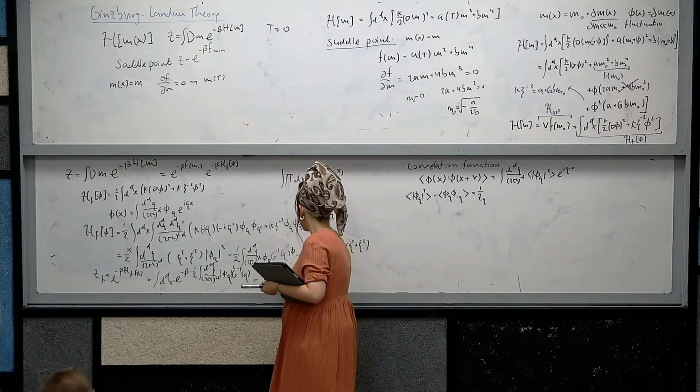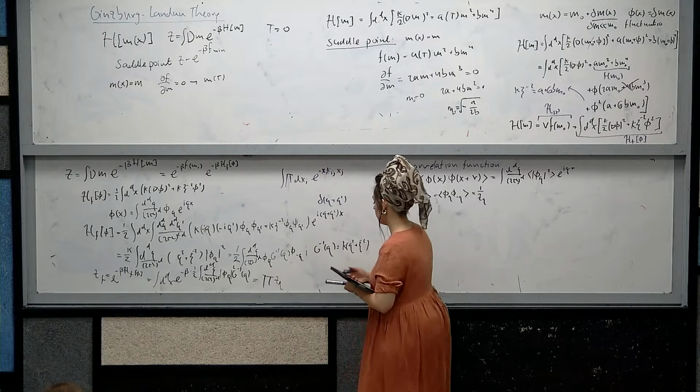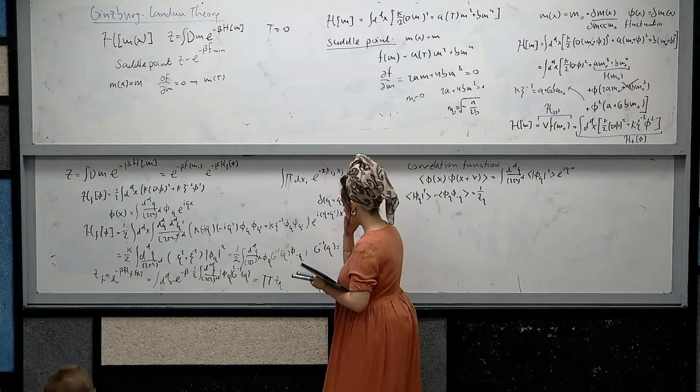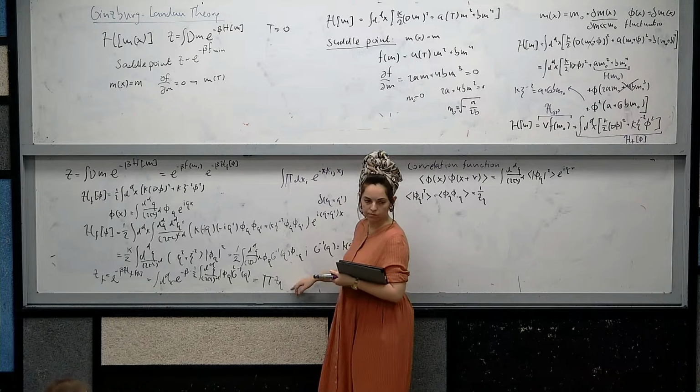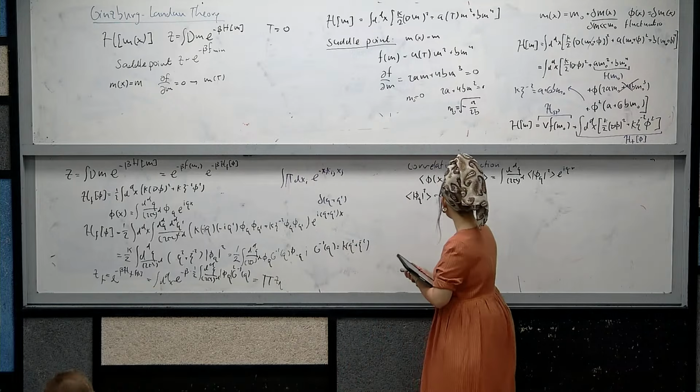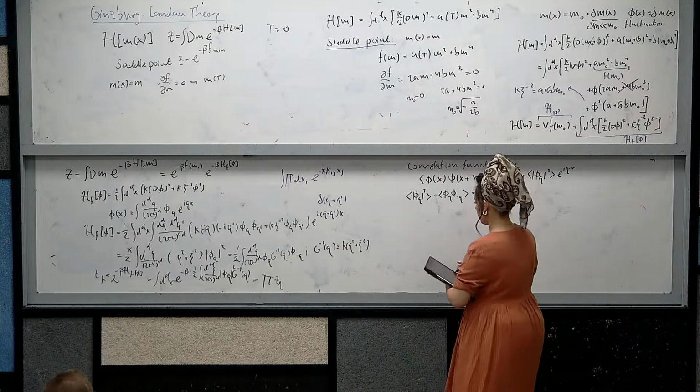Okay, so basically it's a product of all the modes, the partition function of all the modes. So this is the ZQ.